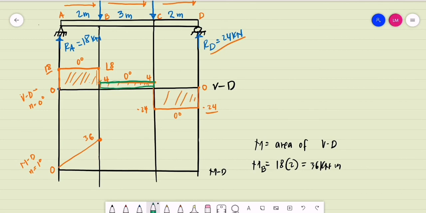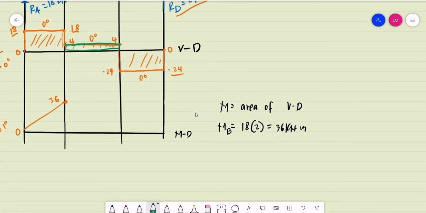So that will give us the moment at point C. Okay, but if we are to compute for the moment at C, we should consider our reference point, that is point B. That is the moment at B, plus the area of the shear diagram for segment BC. So what is the magnitude of the moment at point B? That is 36 kilonewton meter.